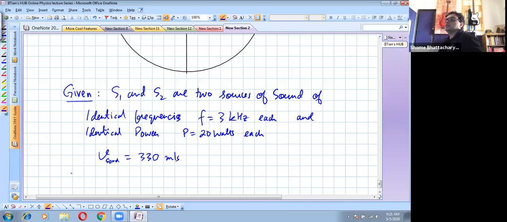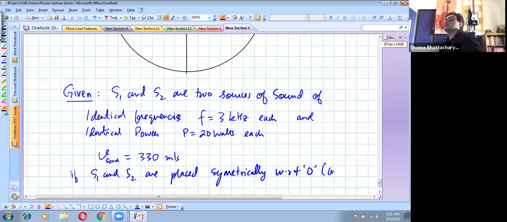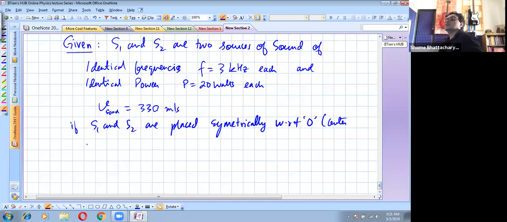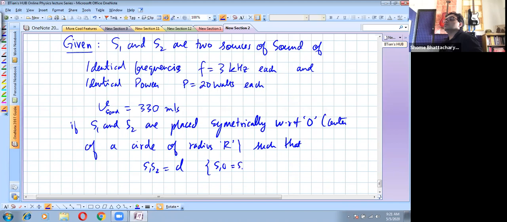Now, S1 and S2 are placed symmetrically with respect to O, the center of the circle of radius R, such that S1S2 is equal to b and S1O is equal to S2O equal to b by 2, and R is very large compared to b.